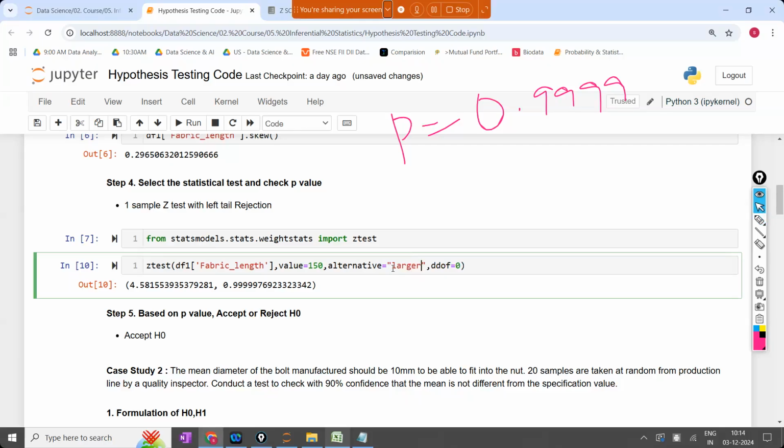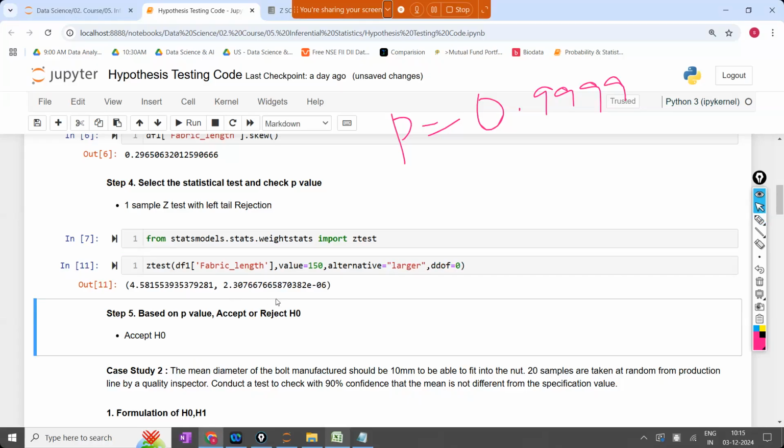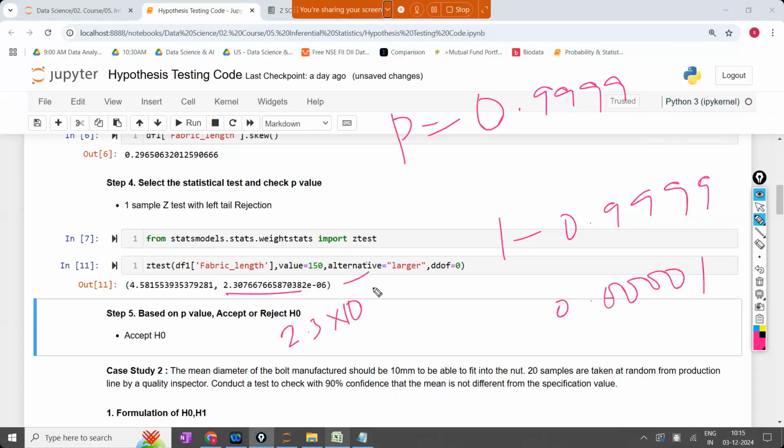When I apply the right tail test, what p-value does it have to select? 1 minus p, so it will automatically apply 1 minus p. Can you see? That is 1 minus 0.99999, which is 0.00001. So here 2.3 into 10 to the power of minus 6 means 0.0000023. Is the point clear?